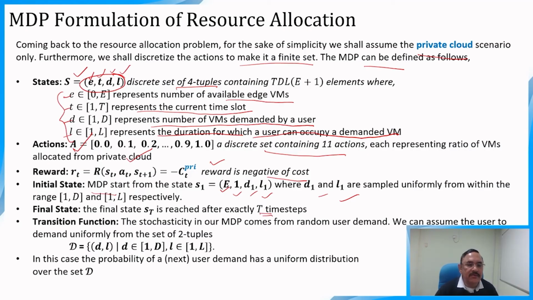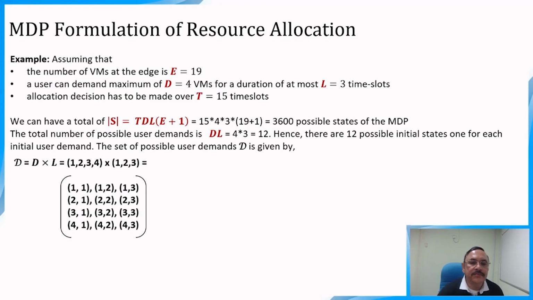So, the transition function is stochastic in our MDP and comes from the random user demand. We can assume the user demands uniformly from the set of two tuples, that is D and L. So, D is from 1 to D and L is from 1 to L in the next case. In this case, the probability of the next user demand has uniform distribution over the set D.